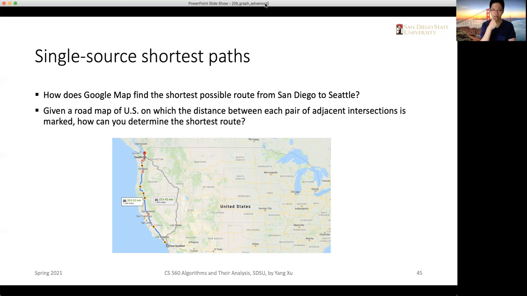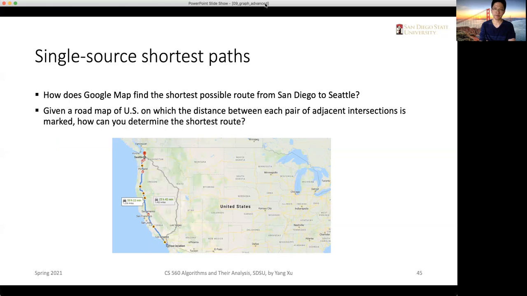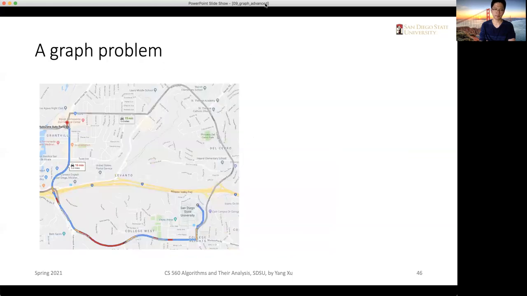So I think it makes sense, first of all, to represent the problem with a graph data structure, right? And also the problem itself is easy to define in terms of a graph algorithm, in terms of a graph problem. Okay, so let's say we zoom in to a smaller region.